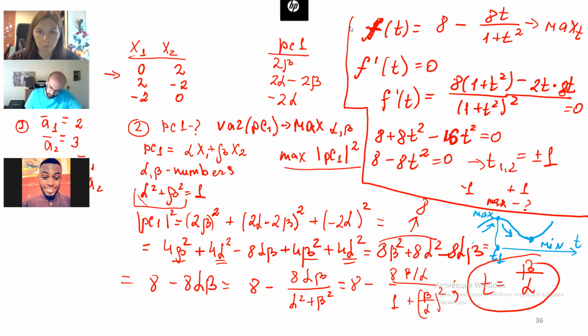It's supposed to be -1, right? It will be -1. Yes, exactly. Let's select 0. When t is equal to 0, we will have a positive value of the derivative. It means that our function grows.